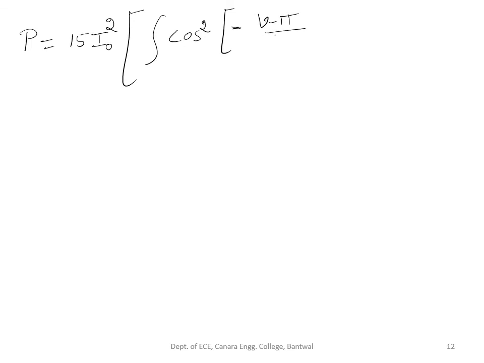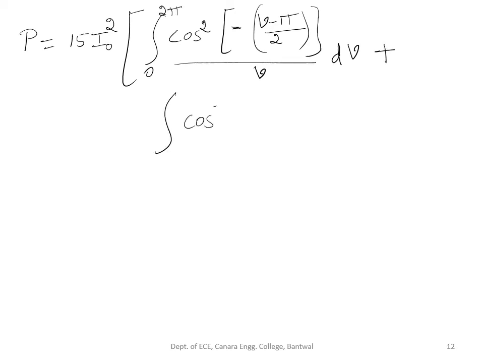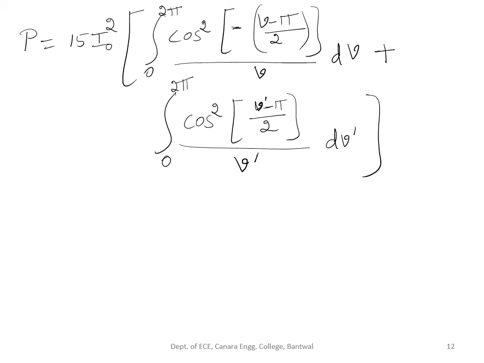From the previous line, radiated power is equal to 15 I naught square times [integration of cos square of minus (v minus pi) divided by 2, divided by v, dv, integration 0 to 2 pi, plus integration of cos square of (v dash minus pi) divided by 2, divided by v dash, dv dash, limit 0 to 2 pi].